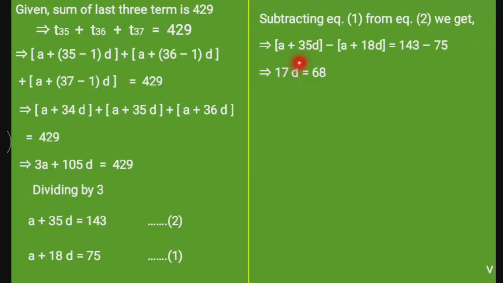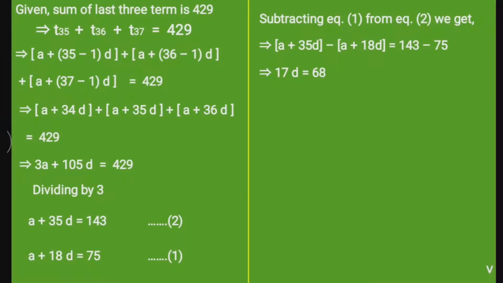So we write A plus 35D minus A plus 18D equals to 143 minus 75. So when we multiply by this minus sign before this second bracket we get minus A minus 18D. So this plus A minus A get cancelled. 35D minus 18D, we get 17D.